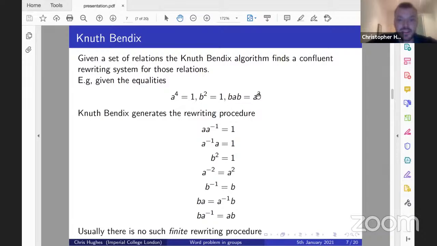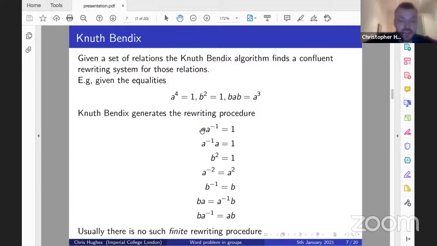So here are some equalities, and it's really an algorithm for monoids. Knuth-Bendix will compute a bunch of simplification lemmas, and if you simplify with these lemmas, you'll put a word into a normal form, and if there is a proof, this will find the proof. For this particular group, it computes a decision procedure.